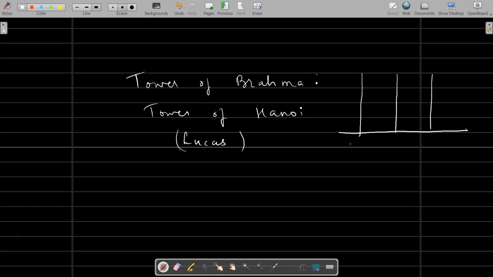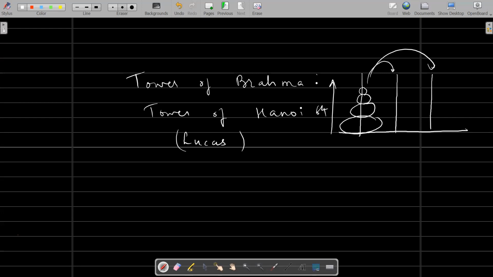And in one of these poles there are 64 discs in descending order from bottom up to top. And the priests there remove one disc at a time and shift it to either this pole or this pole.